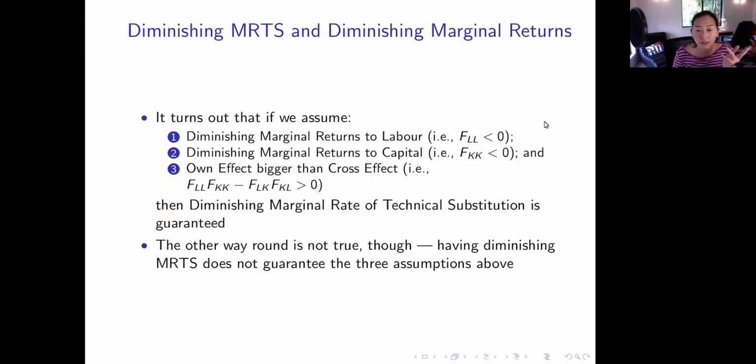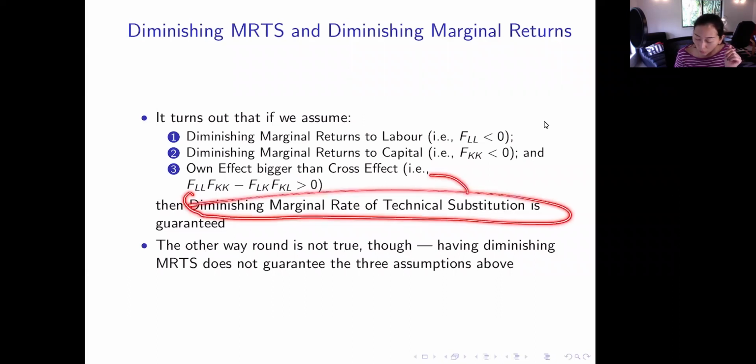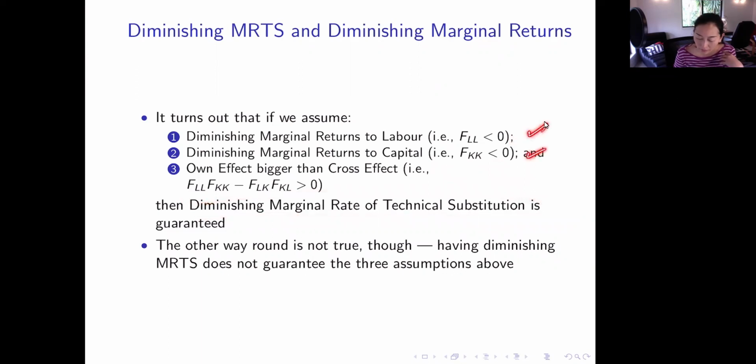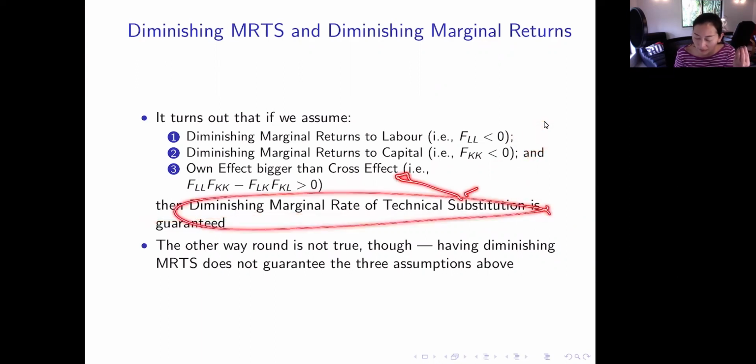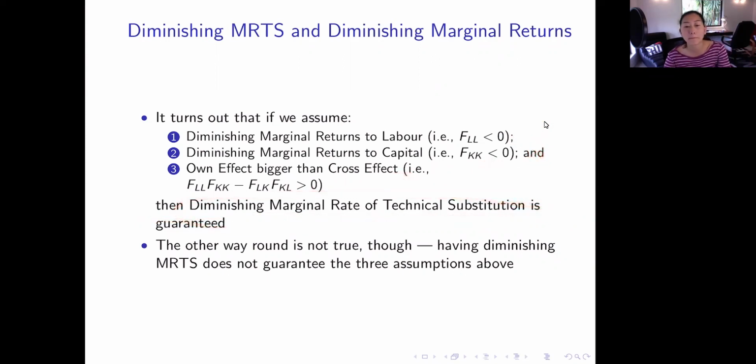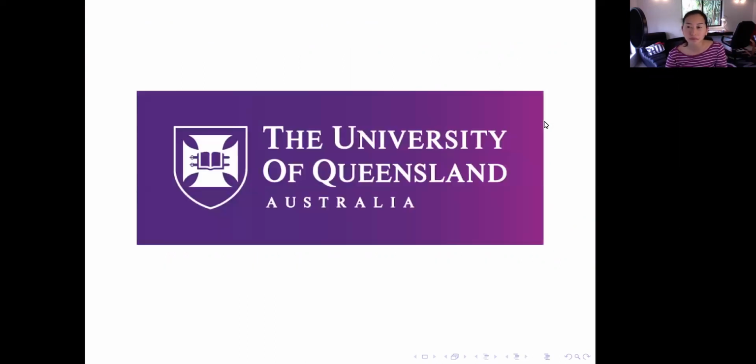However, the other way around is not true. If we start with diminishing marginal rate of substitution, we do not always have these conditions. These are just guarantees: if you have this and this, it would follow this. But if you have this, it doesn't imply this or that.